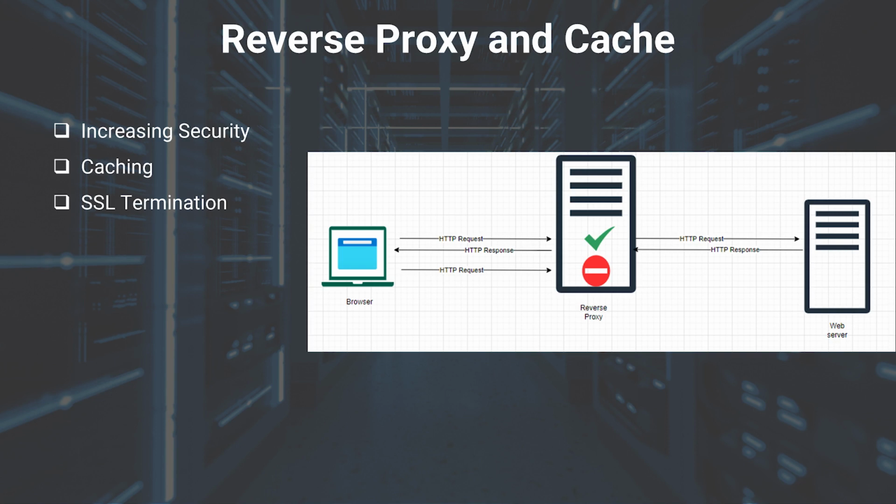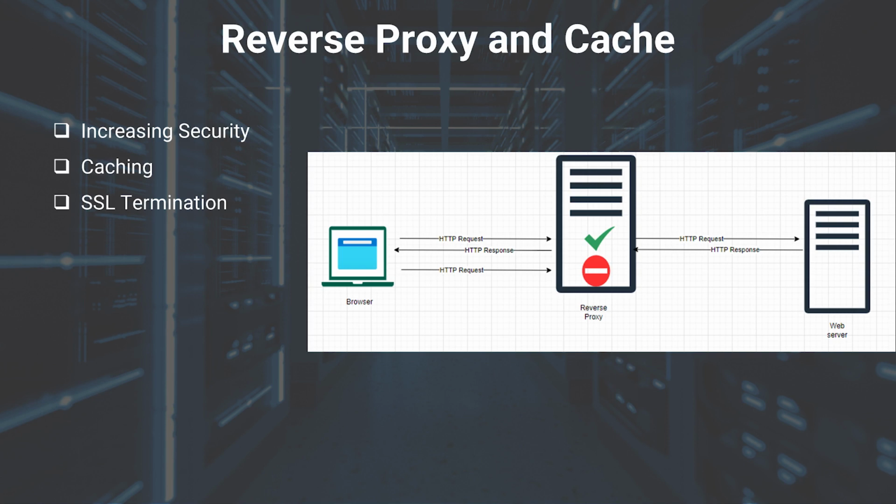We can also have the caching capability, which means that by keeping the response from the server, the reverse proxy can respond to the same request without asking the server. That decreases the load on the actual server and also the response time for the client. SSL termination is another capability you can have with the reverse proxy.